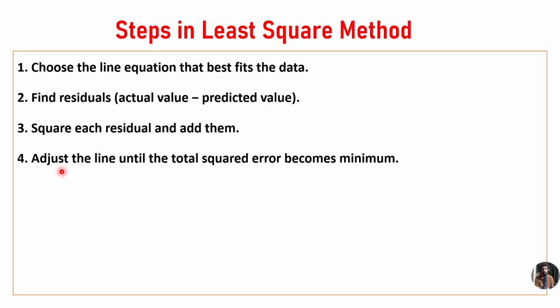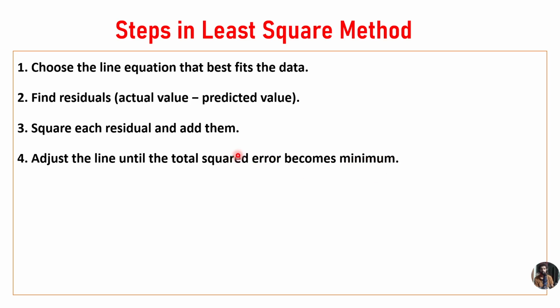And finally, adjust the line until the total squared error becomes the minimum. So initially we choose the line equation, then we find the residuals, then we square them, and finally we adjust the line until the total squared error becomes the minimum.